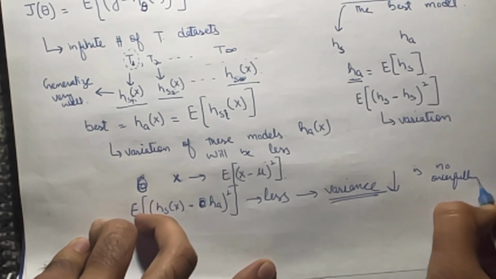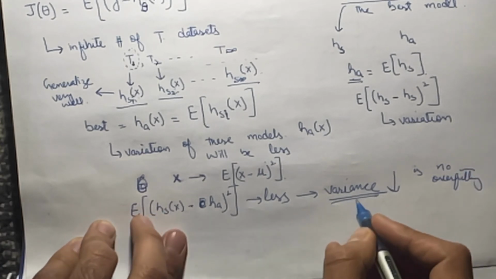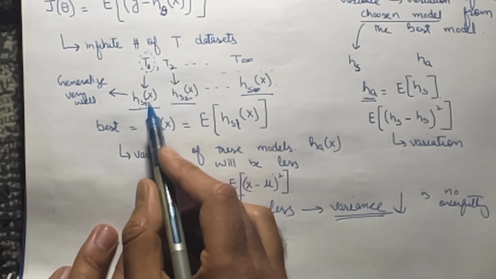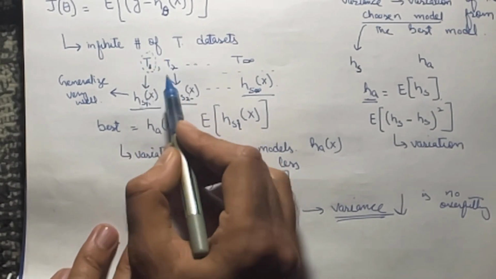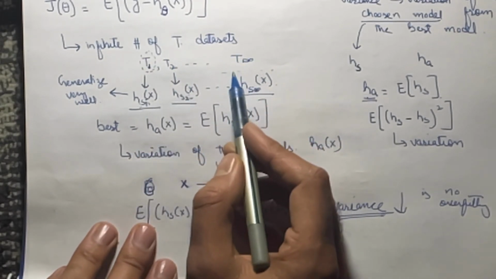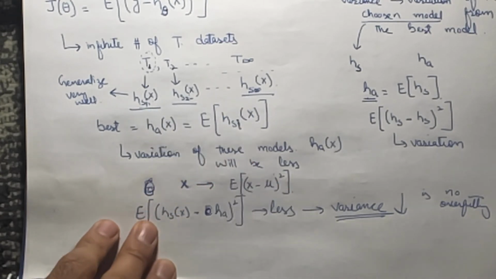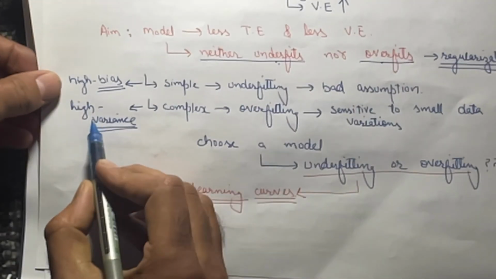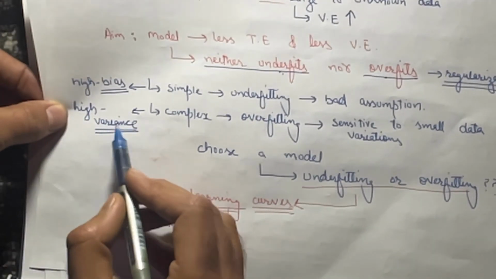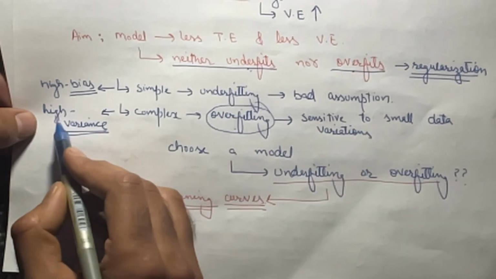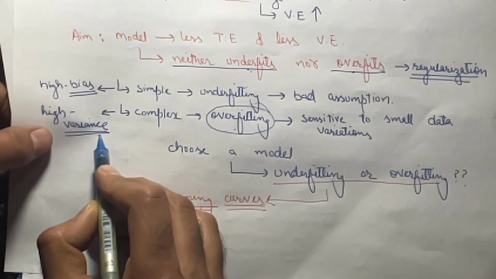However, if variance is very high, these models vary very much from each other, which means they are very sensitive to the training data, so that indicates that these models overfit. That is why I have written that this model is called a high variance model, an overfitting model. You now understand why it is called a high variance model.